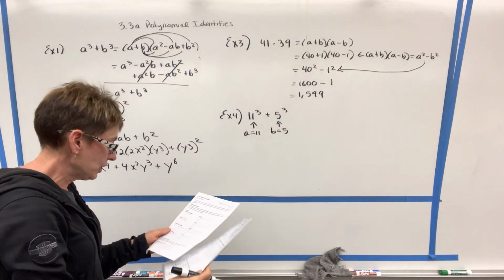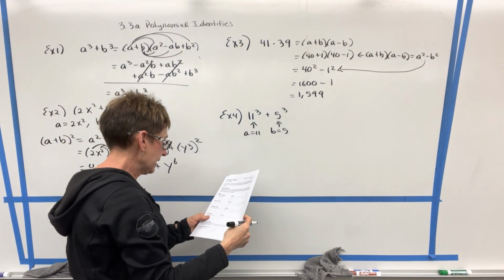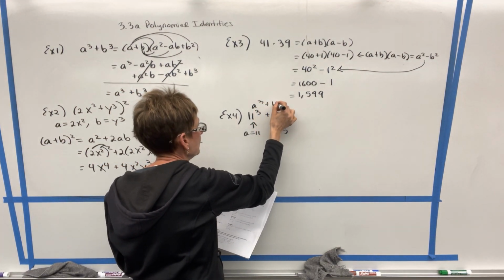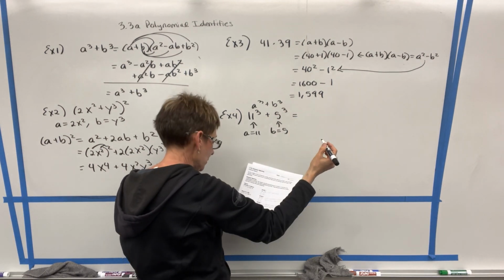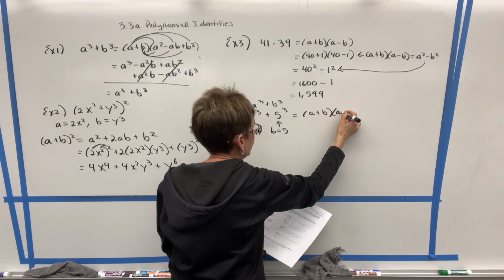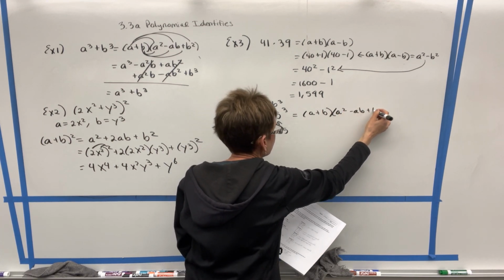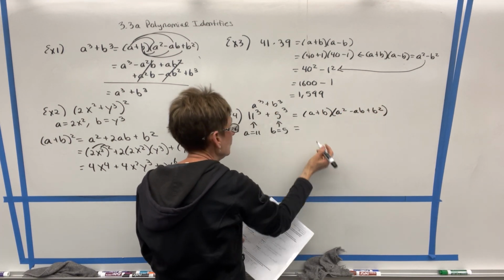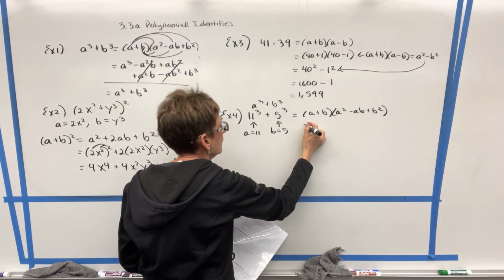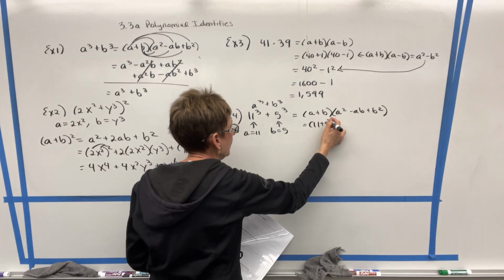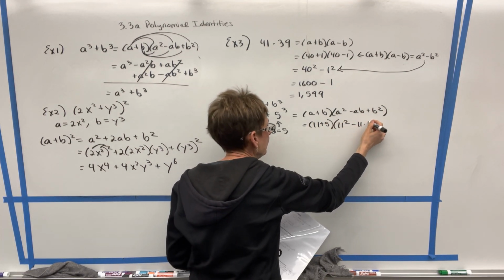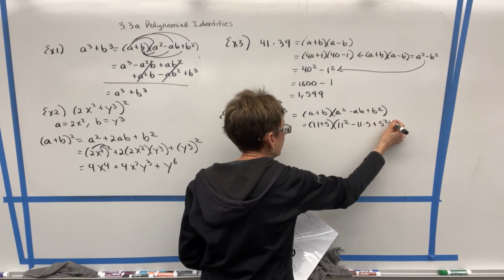Using the sum of cubes formula, I know that the sum of cubes, if this is a cubed plus b cubed, the sum of cubes is going to be a plus b times a squared minus ab plus b squared, which is going to be 11 plus 5 times 11 squared minus 11 times 5 plus 5 squared.